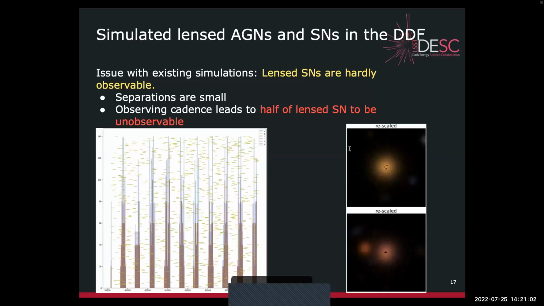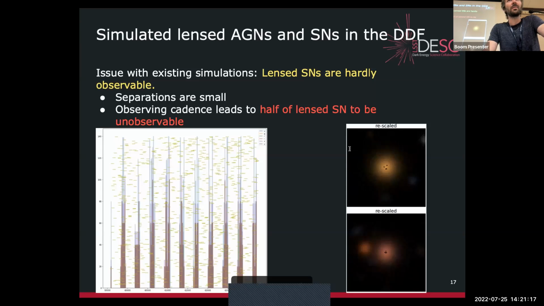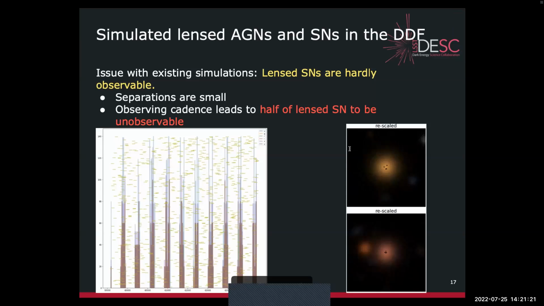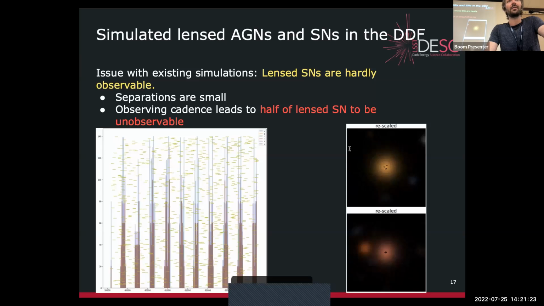Tom Collett asks if we will be able to run the full LSST alert stream on the lensed SNe to see what gets thrown away as non-PSF-like. I have no idea. Maybe people in the time domain, from my experience, have better answers.